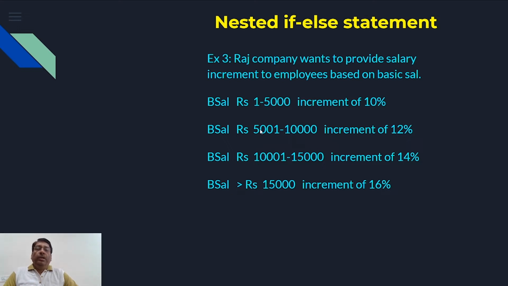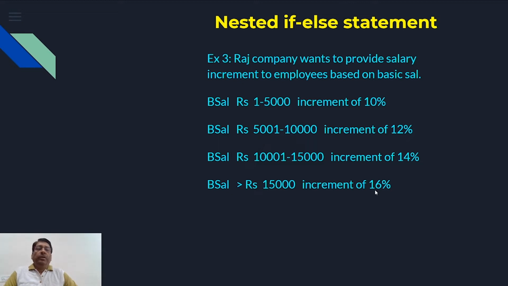And if it is beyond 5,000, that is 5,001 to 10,000, then your increment happens to be 12%. If it is beyond 10,000 and up to or equal to 15,000, then your increment is going to be 14%. If it is beyond 15,000 as your basic salary, then your increment is going to be 16%.